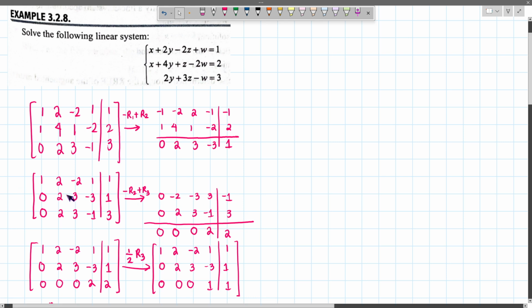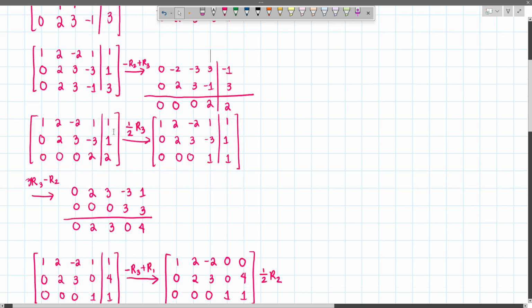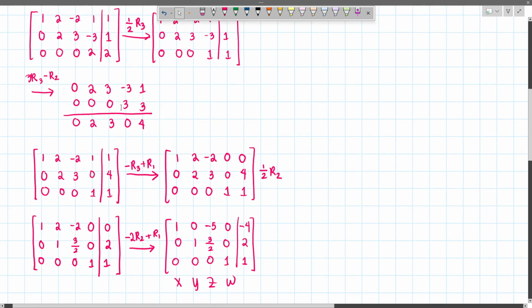So that's the new second row, in order to eliminate, or to make, the first coefficient on the second row 0. And then from there, I added the opposite of row 2 to row 3. So this is my whole process.